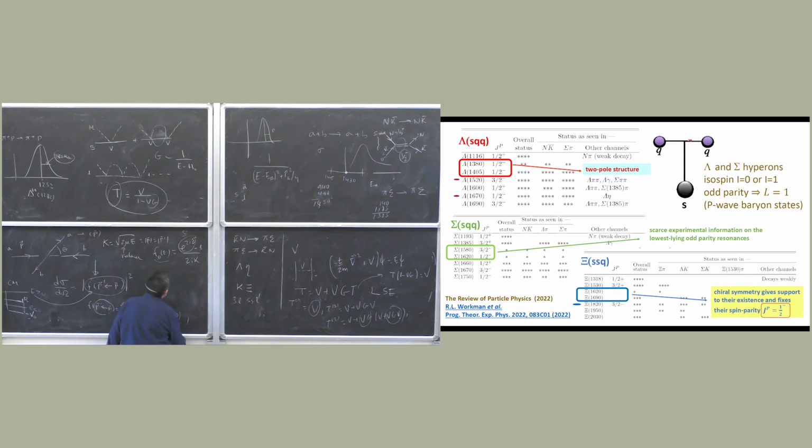Let me just rewrite this thing in a different manner: e to the i delta sine delta divided by k. It's the same thing. And let me just calculate f minus 1. F minus 1 is f complex conjugate divided by the modulus of f squared.